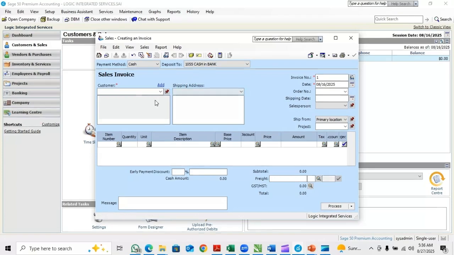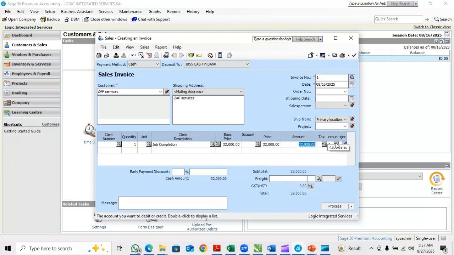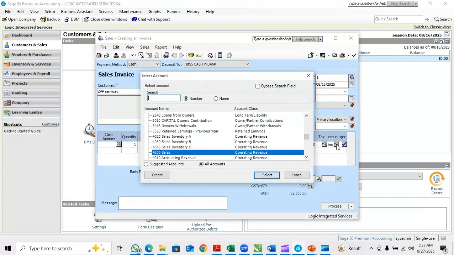We're going to call it cash payment into our cash in bank. That is SAP, the customer, job completion, and that amount is 32,000, and we are crediting the accounting revenue.